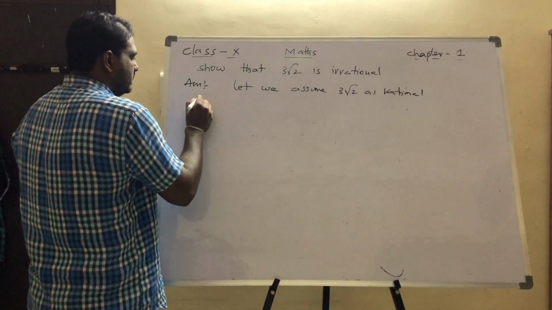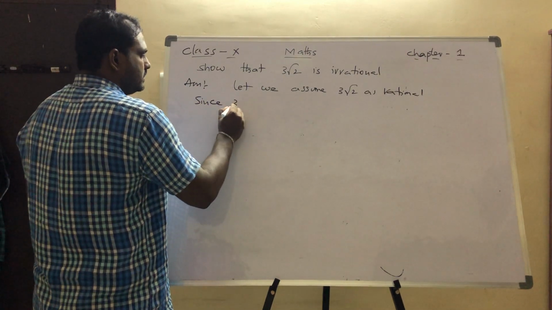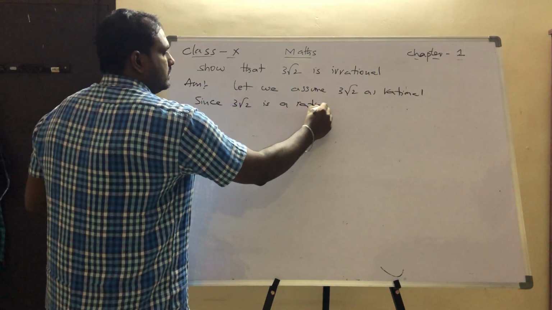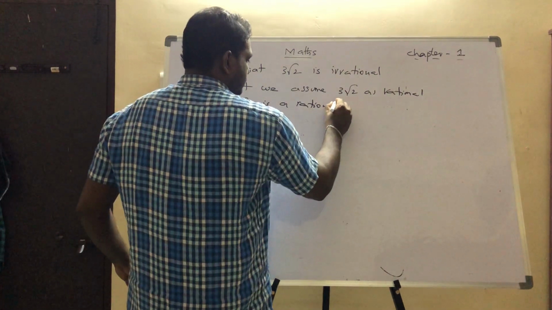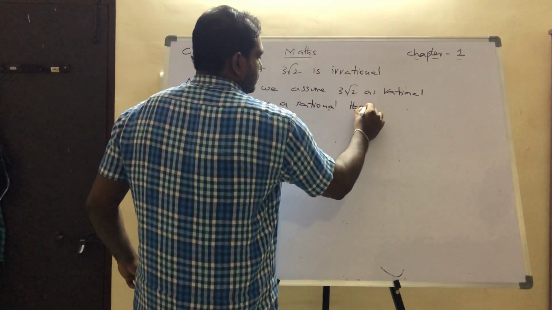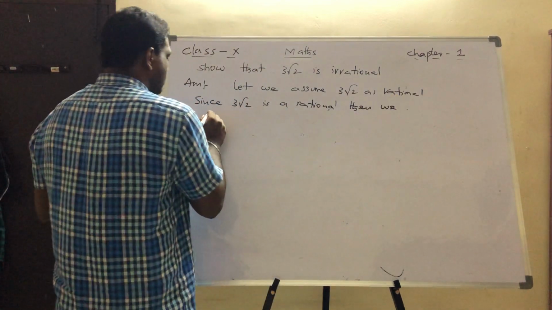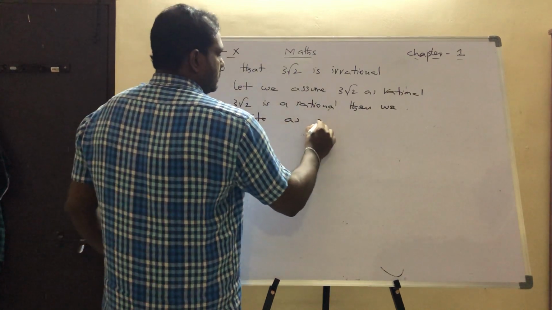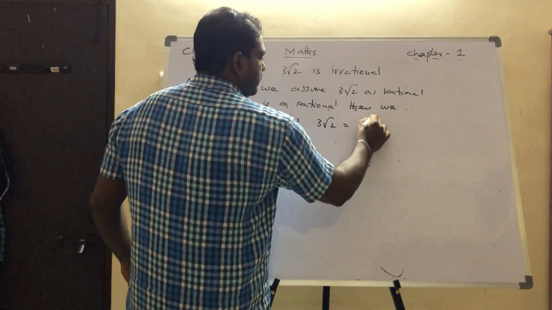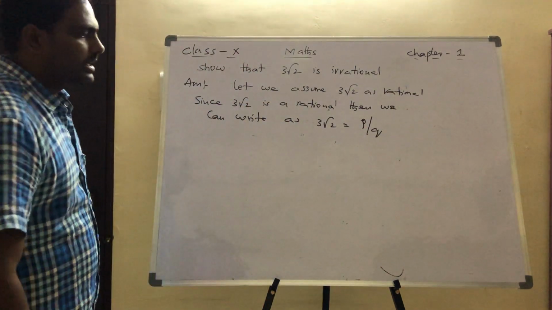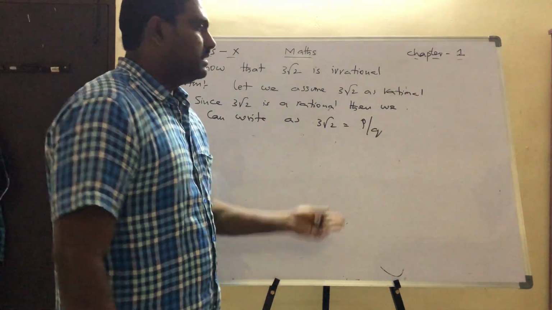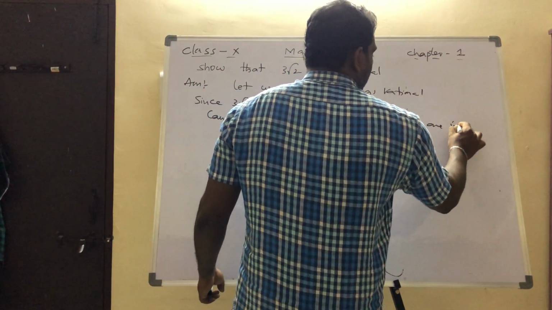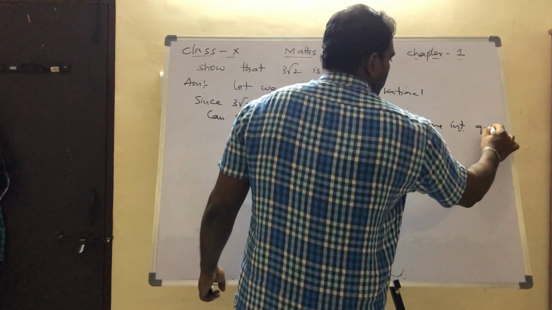Since 3 root 2 is rational, we can write it in the form of p by q, where p and q are integers and q does not equal 0.